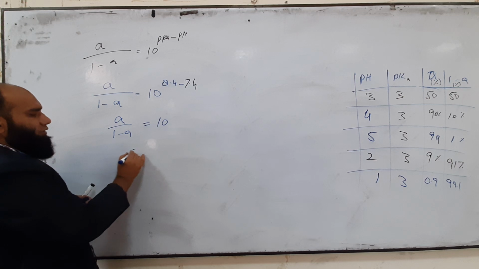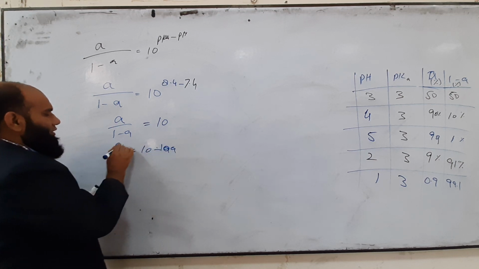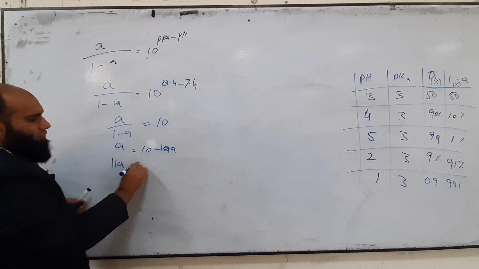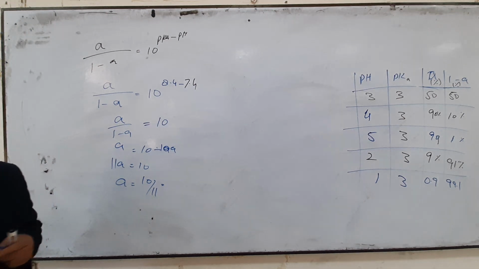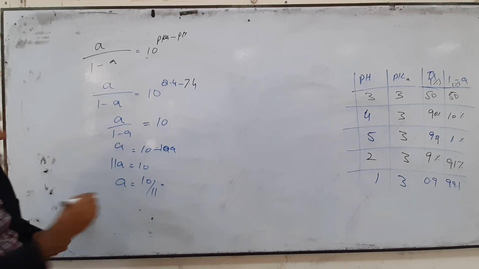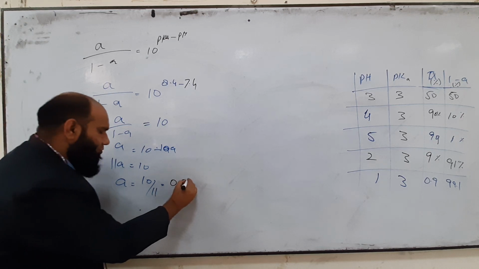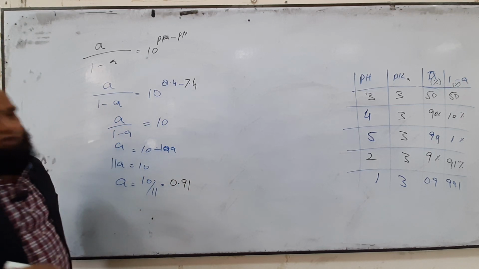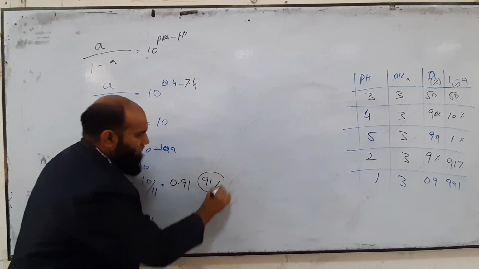Now it will be 10 minus 10a, 11a equals 10, a equals 10 by 11. The answer is 0.91, so it's 91% ionized.